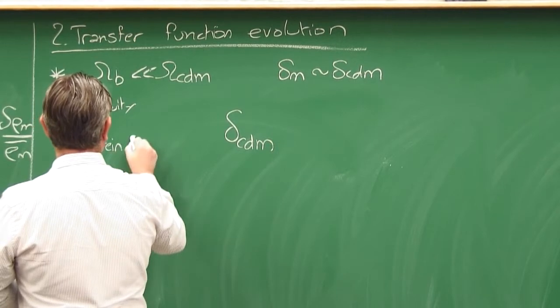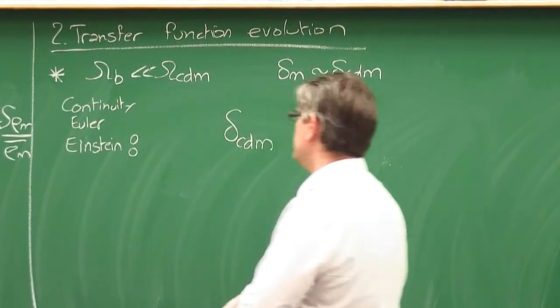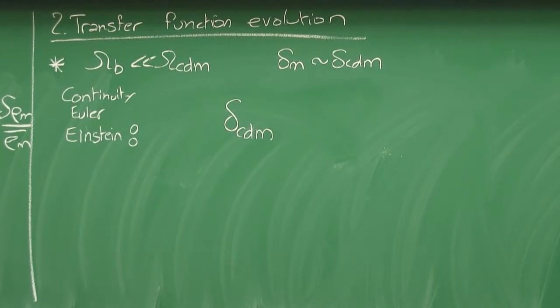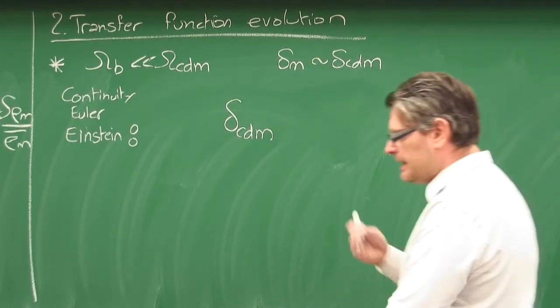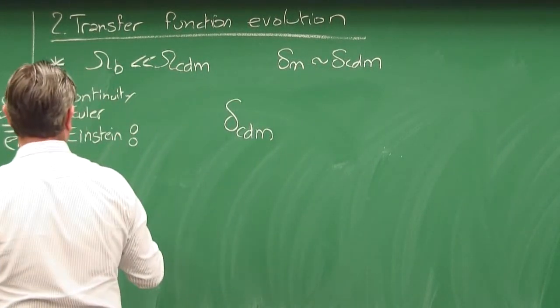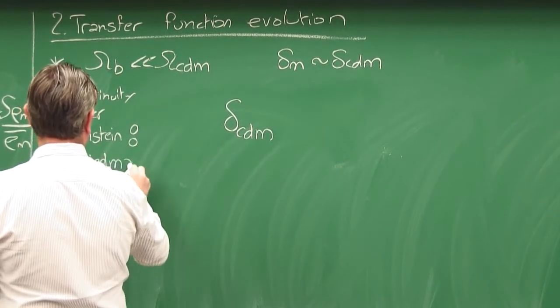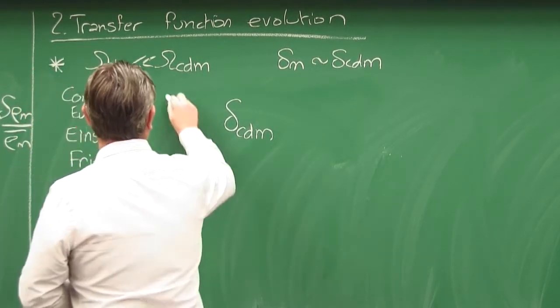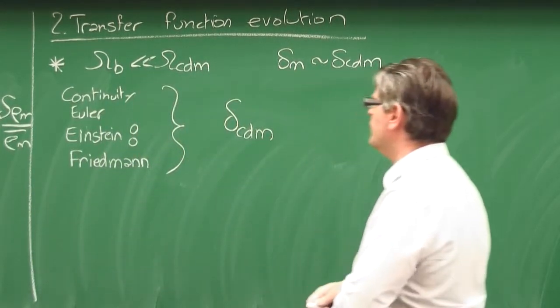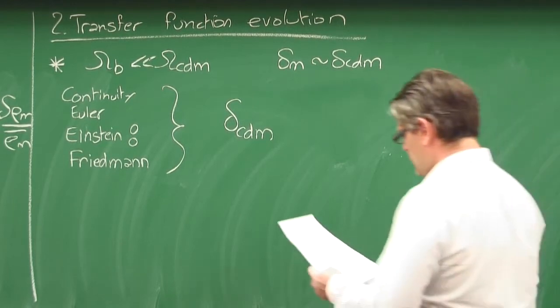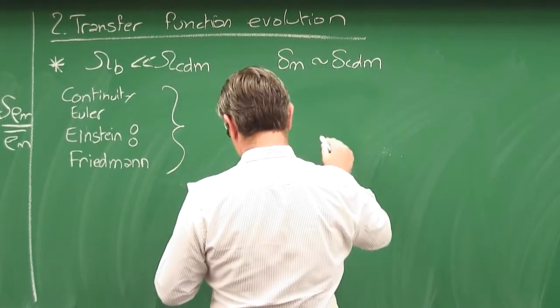In fact, the 0-0 equation that I showed in the first course is sufficient. You are still left with a critical density today, which appears in the final equation. Using the Friedmann equation, you eliminate it in favor of the scale factor. After a little bit of work, but it's just combining linear equations, you obtain the following master equation.